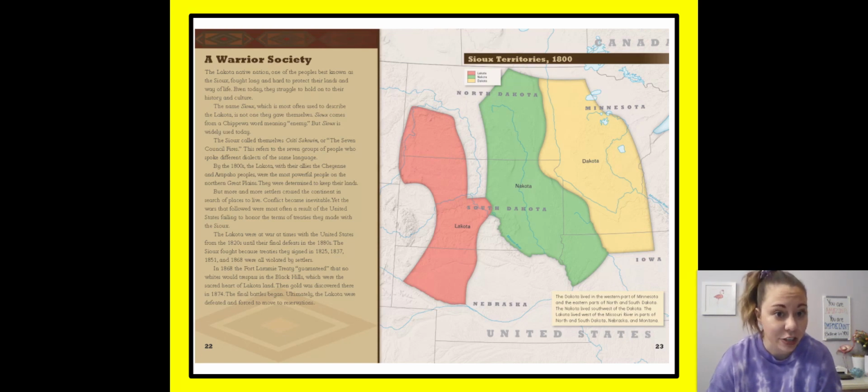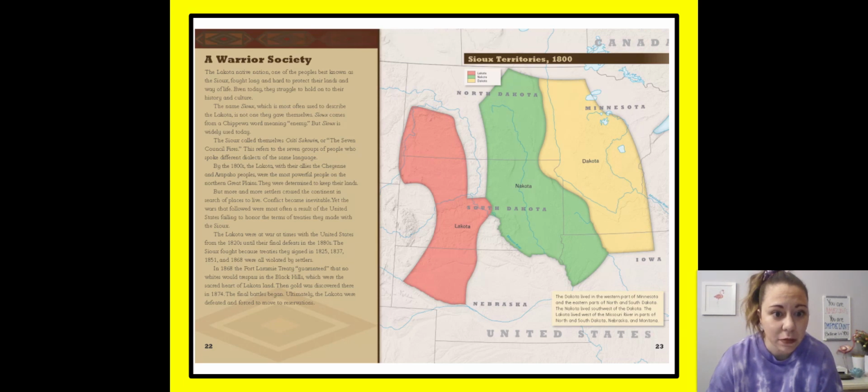By the 1800s, the Lakota, with their allies, the Cheyenne and Arapaho people, were the most powerful people in the northern Great Plains. They were determined to keep their lands. But more and more settlers crossed the continent in search of places to live. Conflict became inevitable.